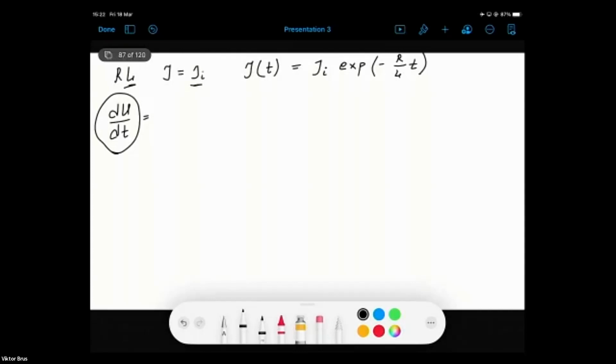When we eliminate the power supply, which keeps this stationary condition of constant electric current in the circuit, then current continues to flow according to this exponentially decaying function over time. And this current flows not by itself.